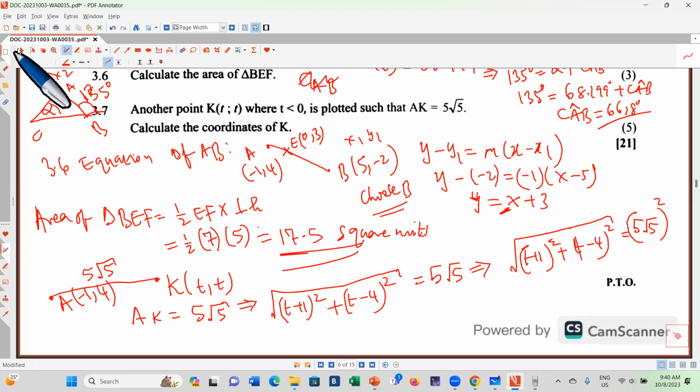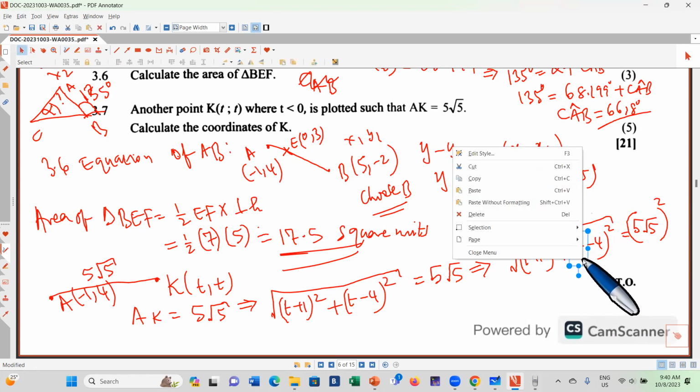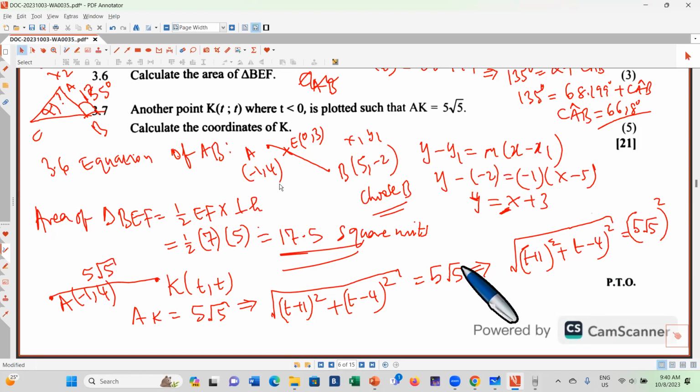After squaring both sides, t plus 1 squared is the same as t squared plus 2t plus 1.